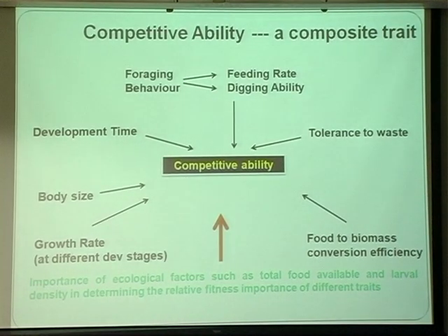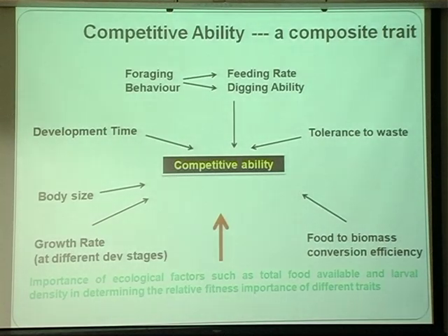Now, in a high density environment, it will be better if you can acquire resources faster, hence increasing your feeding rate. Or maybe you can increase your level of tolerance, because over time your culture might become very inhospitable, so it will be better if you have a high tolerance level. Or maybe you can adopt other strategies where you become more efficient, maybe by developing faster or by reducing body size, which improves the growth rate.